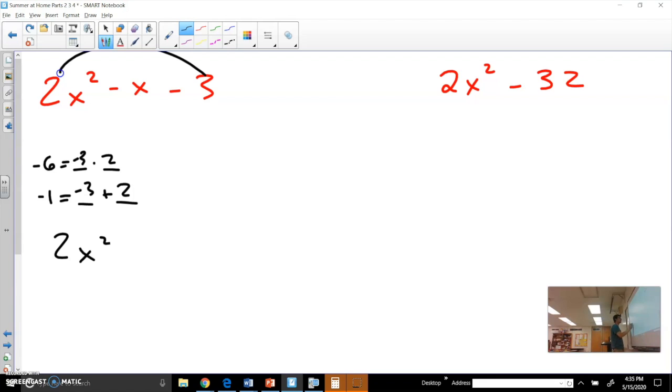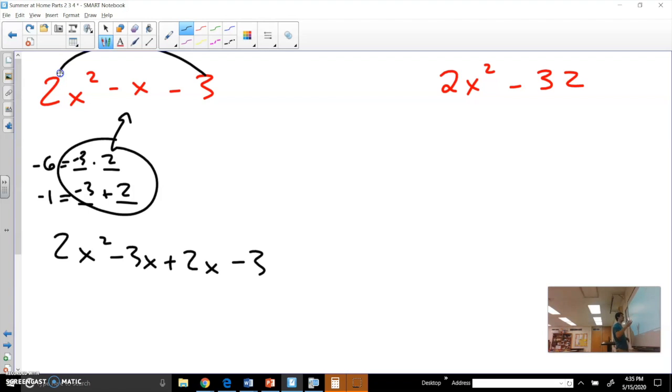So now I want to use those terms to replace the middle: negative 3x plus 2x. And then you're in terms of 2x squared and negative 3. Those don't have to change. Now let's go for some greatest common factor, looking at groups. These first two have x in common. If you divide each of these by x, you get 2x minus 3.